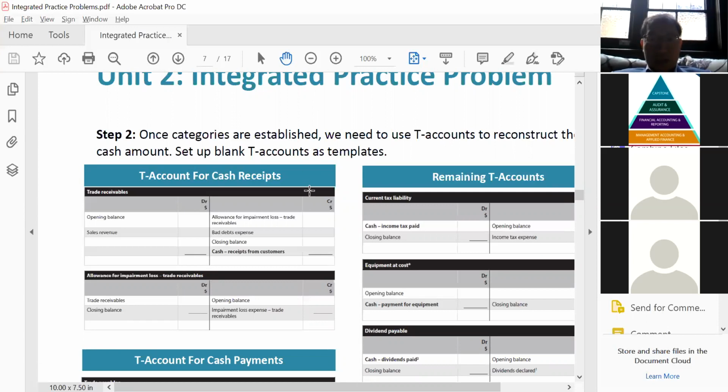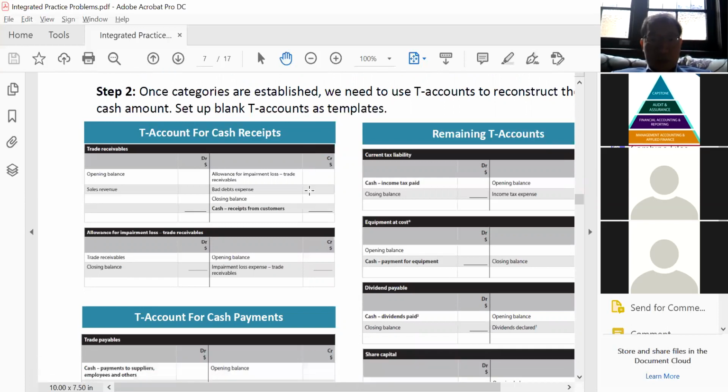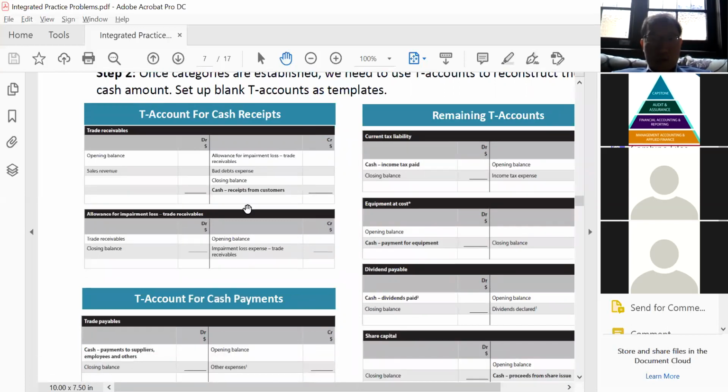And so the T accounts in this question relates to cash receipts. Okay, so what is the cash that we have received? So you can see that this is clearly going to be looking at the trade receivables T account.